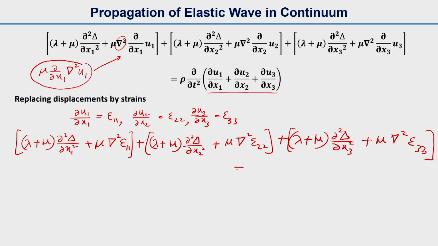This will give you on the right hand side rho, second partial with respect to time, of epsilon 1, epsilon 2, epsilon 3.